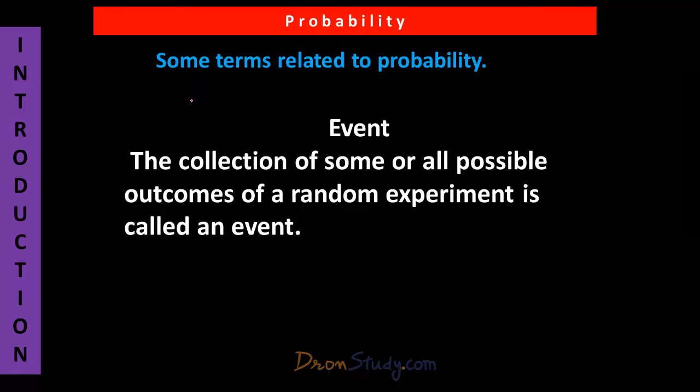Now let us see some terms related to probability. The first term is event. A collection of some or all possible outcomes of a random experiment is called an event. Suppose a coin is tossed.